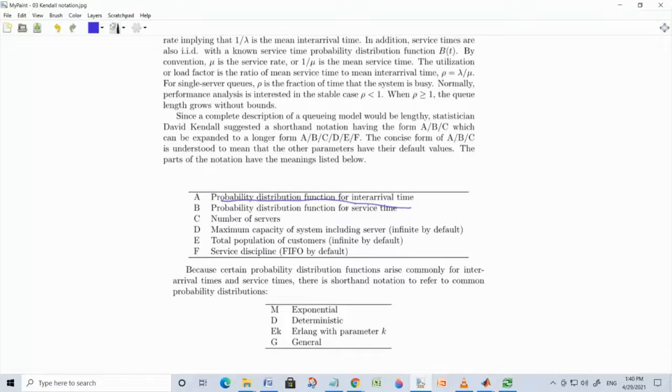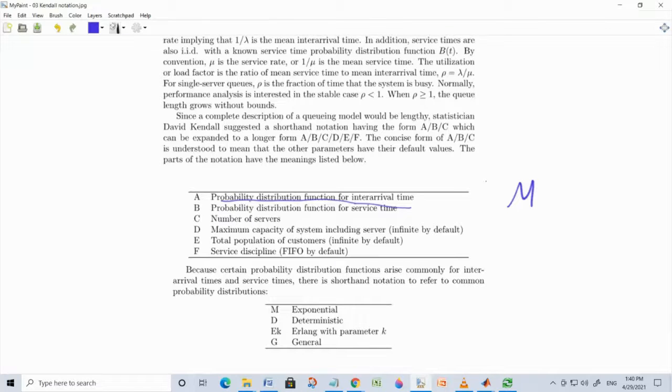If you start with an M, it tells you that the distribution for inter-arrival times is exponential, which means you are talking about a Poisson process.